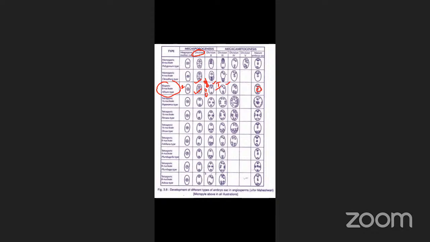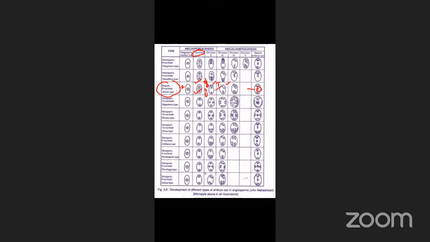As a result polar nuclei form, and since one migrated from either side, only three nuclei remain on each side. The upper three micropylar nuclei are surrounded by cell wall, and the chalazal side as well. Finally it develops into the female gametophyte. So the egg apparatus on the micropylar side has the egg and synergids, the chalazal side has three antipodals, and the center is as it is, no change, the secondary nucleus.